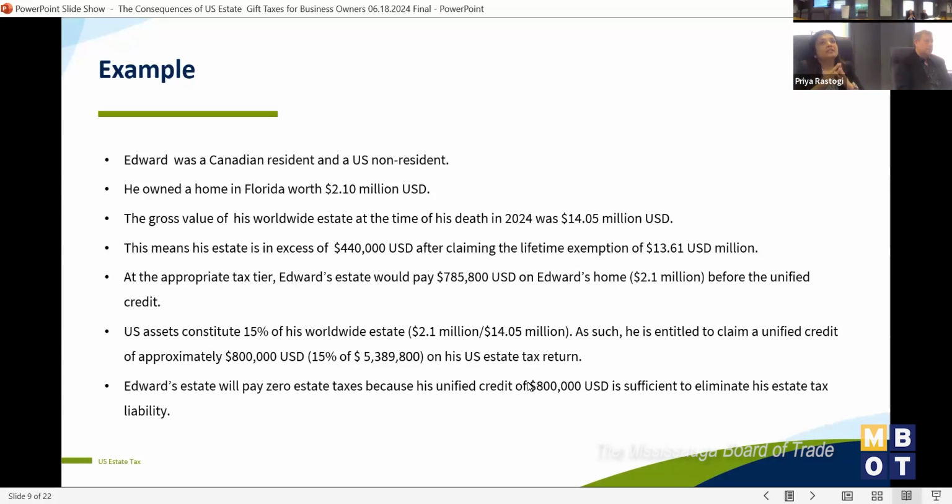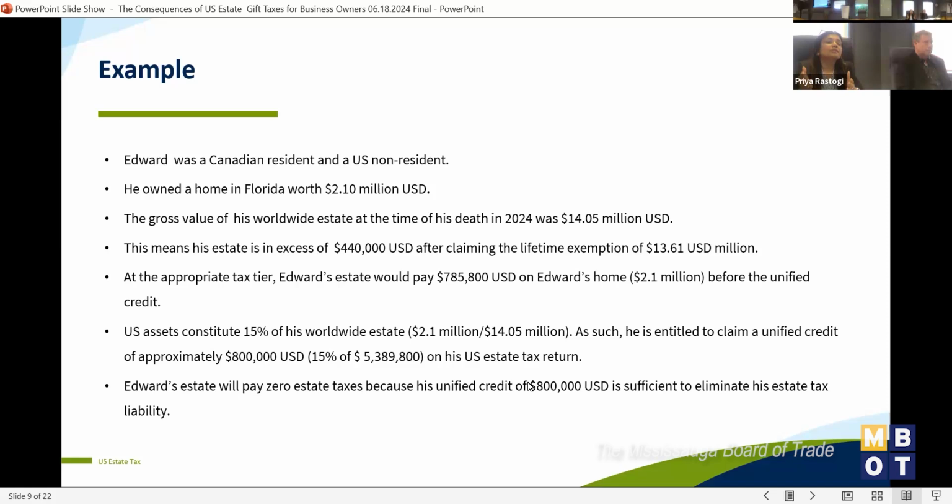One thing you may notice is I've been talking about $13.61 million of exemption, but Edward had $14.05 million of worldwide estate, and still his estate didn't owe any tax. The catch is the marginal tax rate.